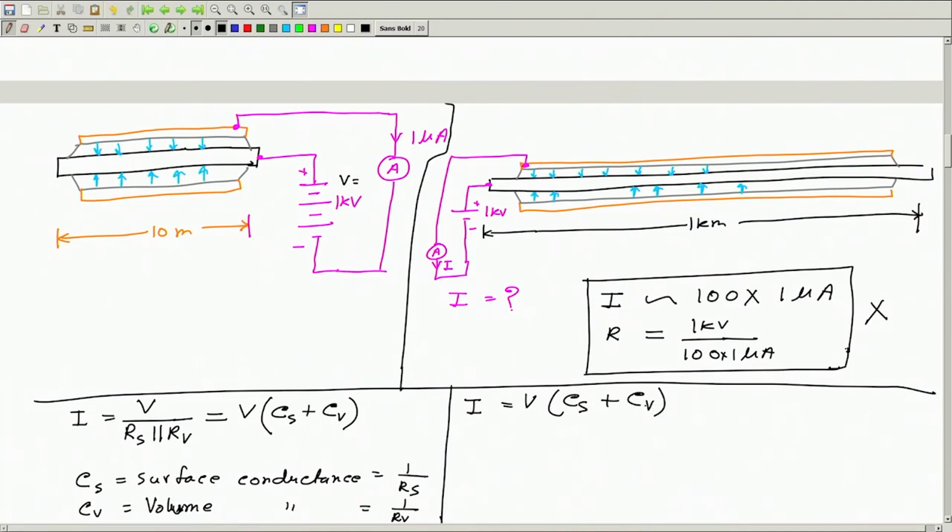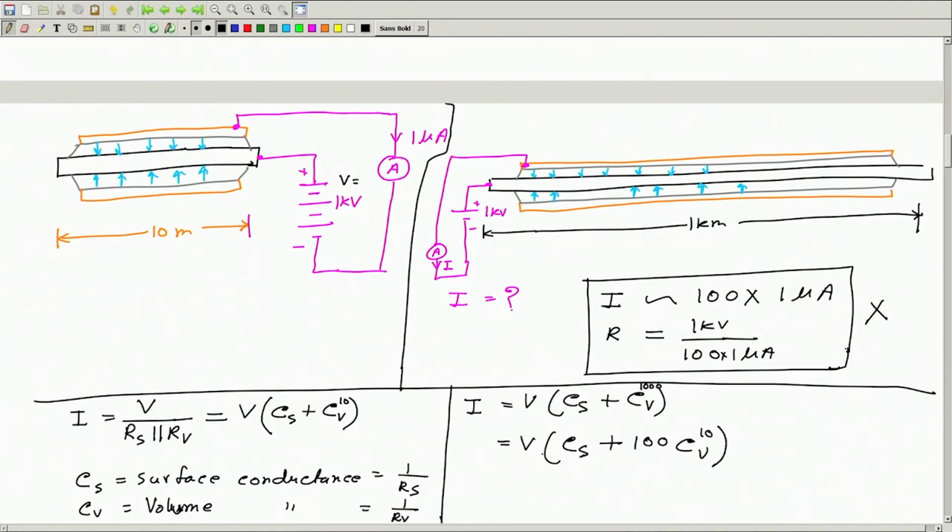But now, let us call this Cv as Cv 10. 10 means the conductance for the 10 meter cable, and let me call this Cv 1000. Okay. So now we can expect that this will be Cs plus 100 times Cv 10. This is Cv 10, this is Cv 1000, this will be 100 times of this, because now we have 100 times more path for the current to flow.